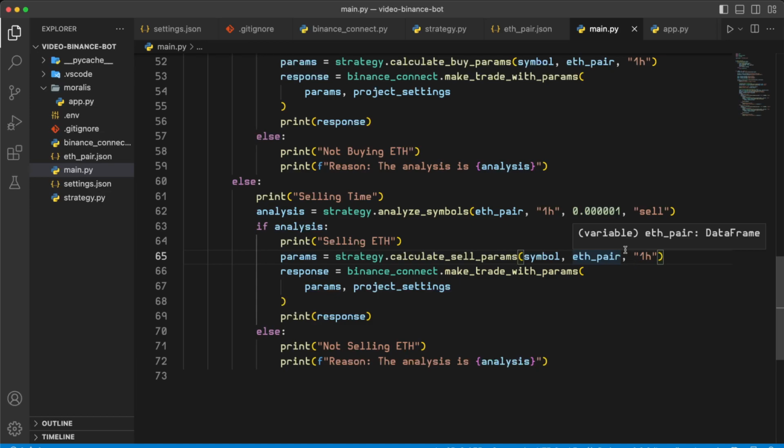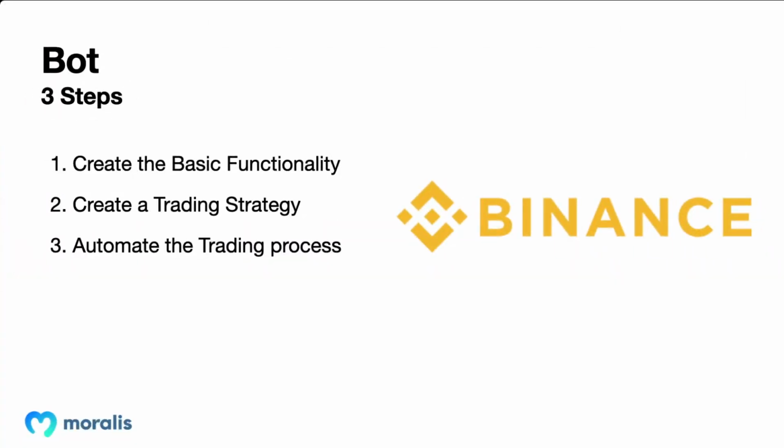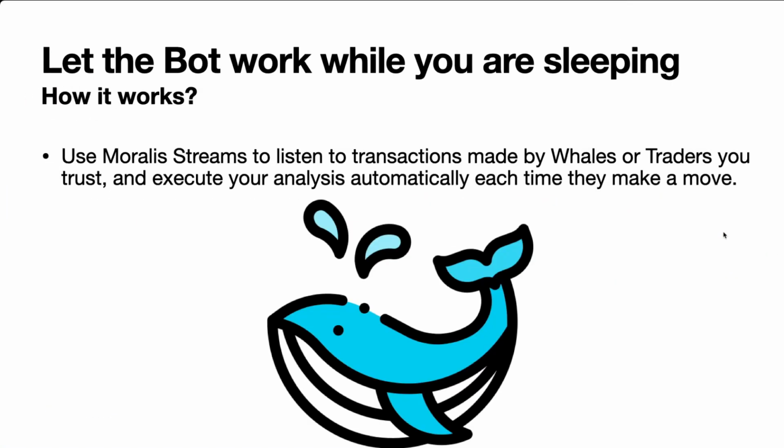And now we are ready to go to the last part of this blueprint, which of course is to automate the trading process. Basically, we are going to let our bot work for us while we are sleeping. How does it work? Well, we are going to use Moralis streams to listen to transactions made by whales or traders you trust and execute your analysis automatically each time they make a move.